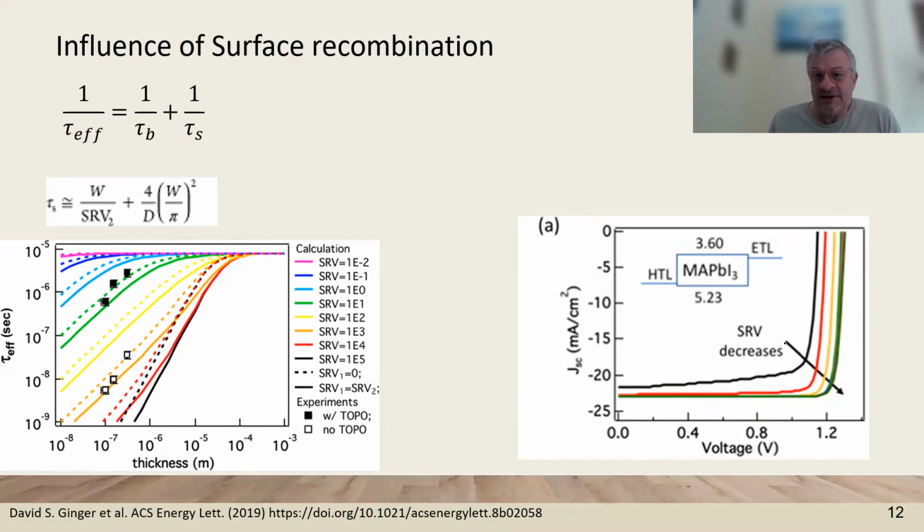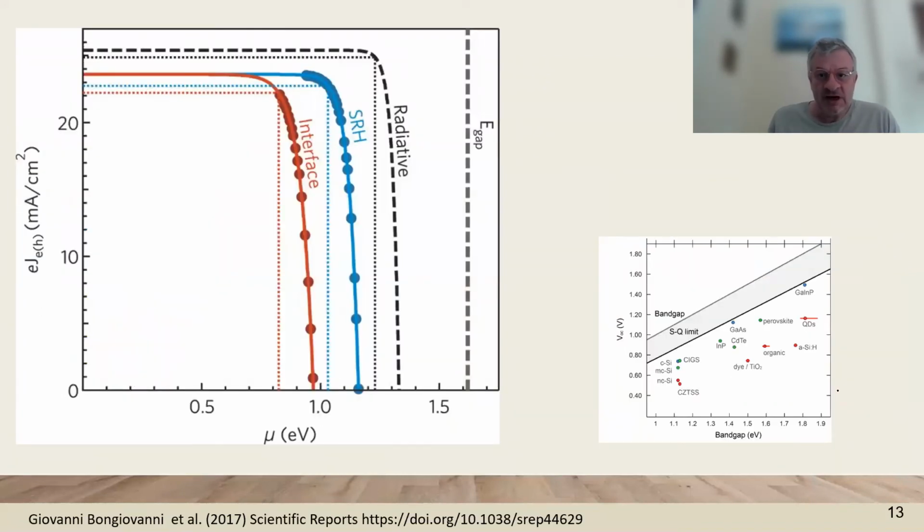And there is certainly a decrease of efficiency of the solar cell, and when the surface is improved and decreases the surface recombination velocity, it will increase the power conversion efficiency. And this graph summarizes the situation. We said that here we have for a solar cell, for example the perovskite, the band gap, and at one sun we have the radiative VOC, and this will be further decreased if there is bulk or surface recombination, affecting the JV curve.